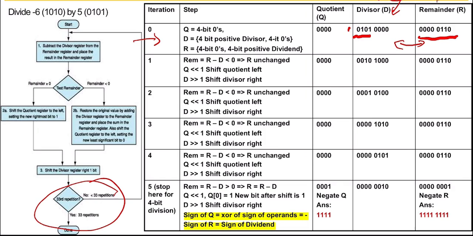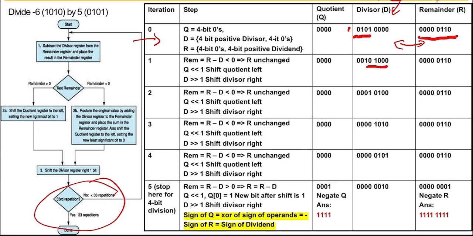If the remainder is bigger than the divisor, there's something you need to do. If the divisor is bigger than the remainder, there's something else you need to do. So let's go with the first thing that is happening here. The divisor, in this case, is a bigger number than the dividend.